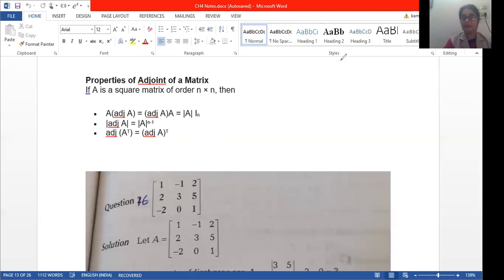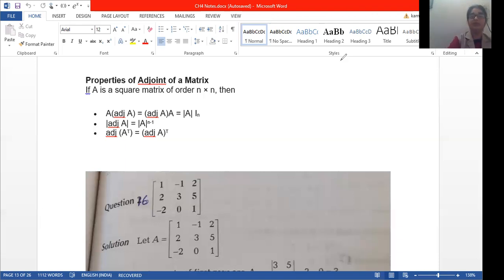Clear? I wish you have got each and everything, because no one is asking anything. If you have any problem, please ask. Otherwise, tomorrow we'll start with some examples of adjoint, so that you can start with exercise 3.5, which is based on how to find adjoint and inverse. I will explain how to find the inverse after taking an example of adjoint.